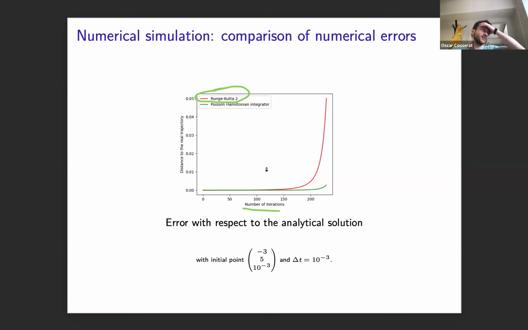I've been thinking about this example also. The thing is, at some point, since everything runs to infinity, keep in mind that the Runge-Kutta methods are explicit.